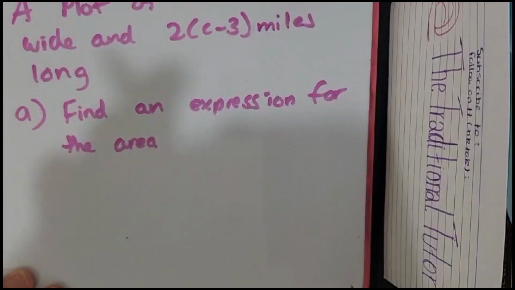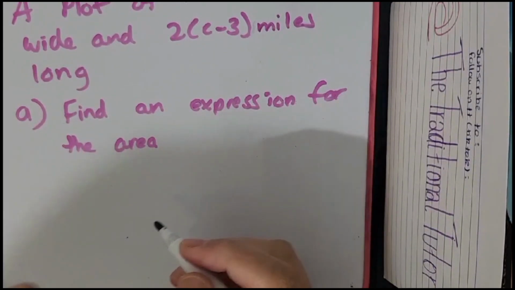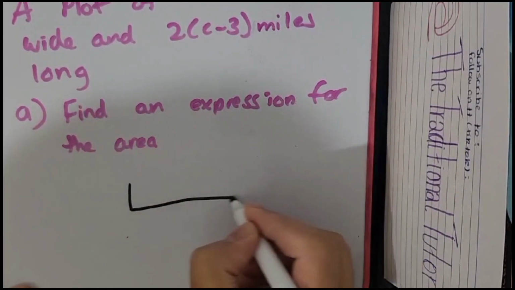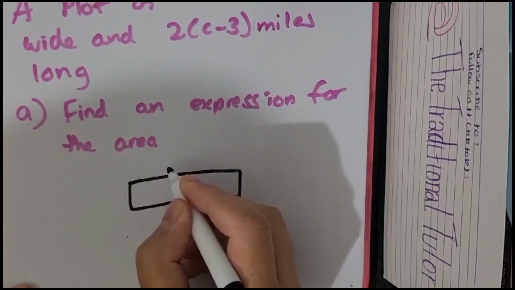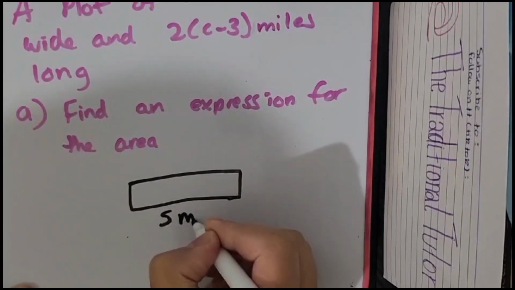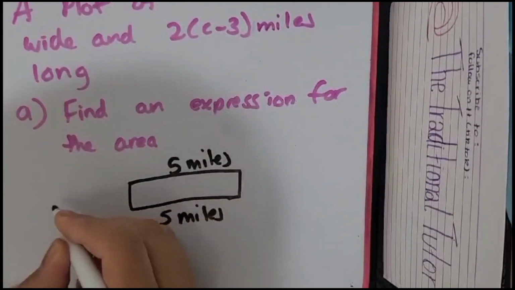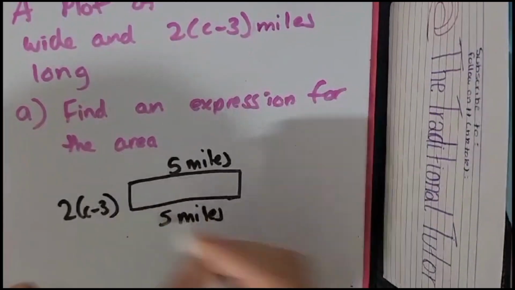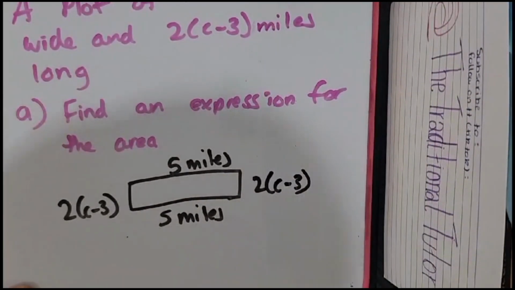Because they've not said that it's a square, that all the sides are equal, I can go ahead and assume that it's a rectangle, because the side lengths are different. So I've got 5 miles wide, okay, so 5 miles, and I've got 2 times c minus 3 as the length of it.